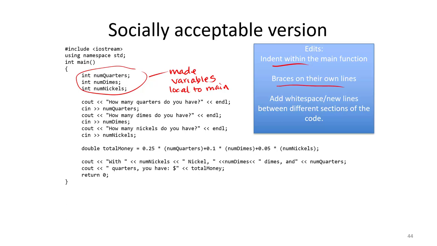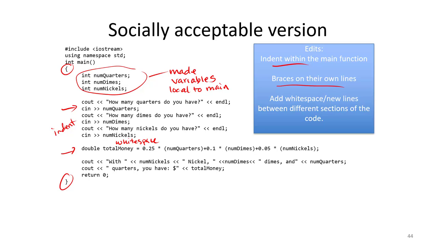We put braces on their own lines. And we also indented and we added white space. Notice how much easier it is to read this program and understand what it's doing. Please do your best to follow these good coding practices.